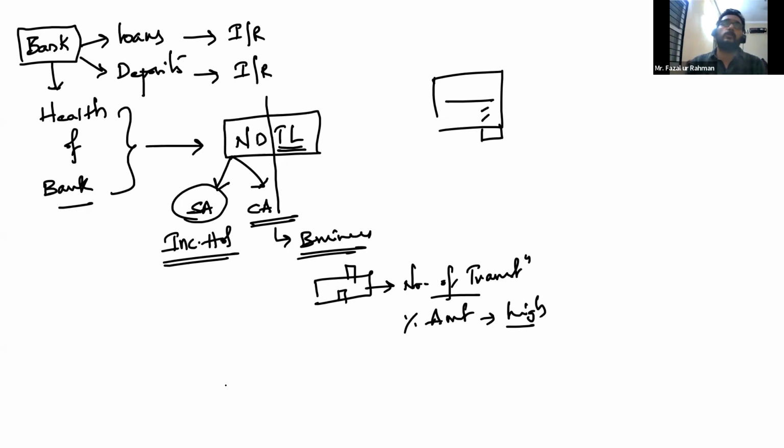For example, on a savings account, they'll ask you to maintain a minimum balance of 10,000, 1,000, etc. They will give you certain limited transactions. That means if you have a savings account and you go to the bank, you can withdraw only 7 times.